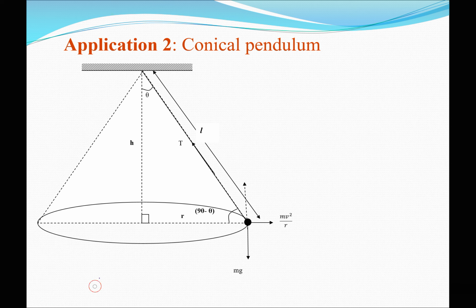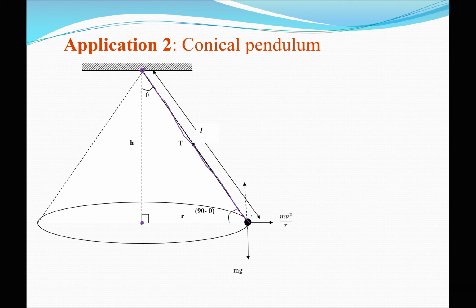Say it is attached on a string and is made to describe a horizontal circle, as shown by this diagram here. So let's say that the object moves in a circle whose center is at this point here, and the distance from here up here is the radius of the circle. Of course, the length of the string is this distance here.